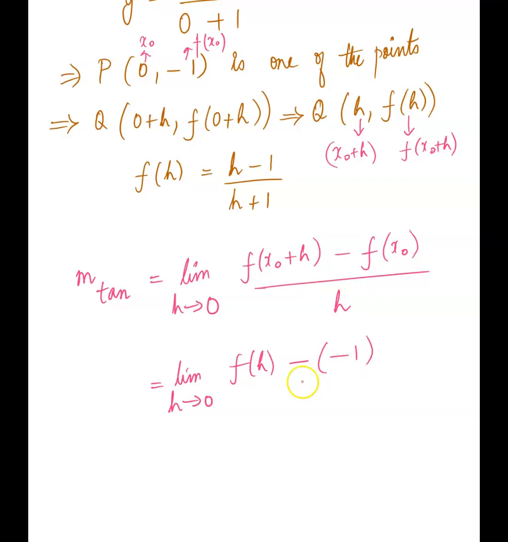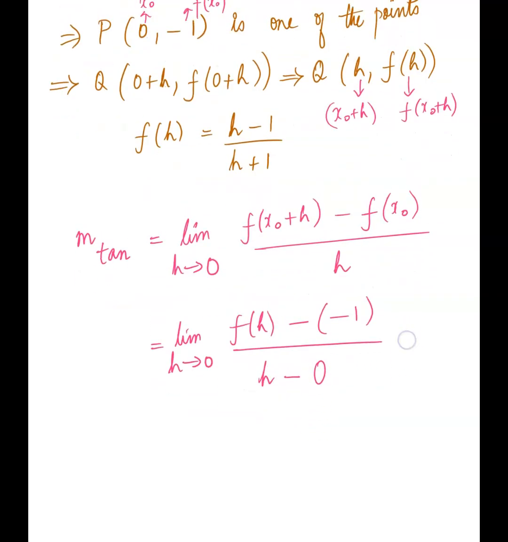Notice there's double minus there. There's a minus in the formula, and f of x naught itself is another minus 1. So we have that. And then we have x naught plus h minus 0. Okay. You can look at the P and the Q and do y2 minus y1 over x2 minus x1.